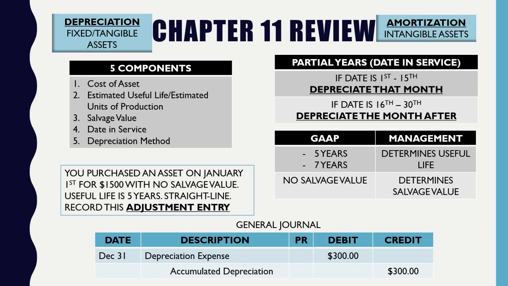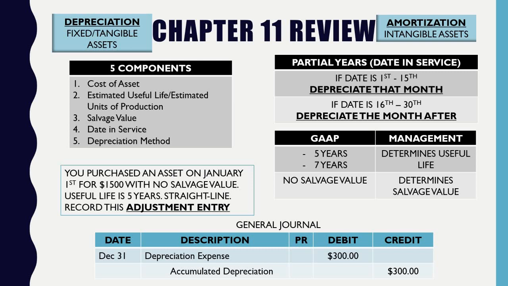Okay, other things that you need to know are the determining factors of the estimated useful life as well as salvage value. So under ACRS, you're only limited to 5 and 7 years, no salvage value. Under management or sole proprietors, you can determine the useful life and you can also determine the salvage value itself.